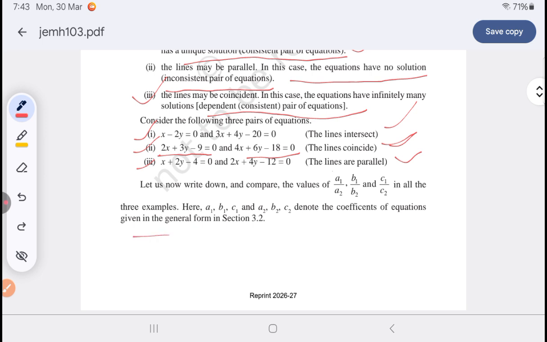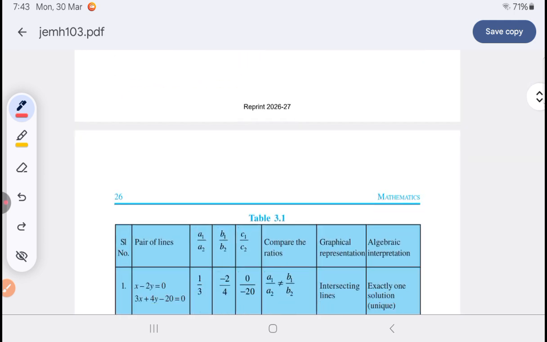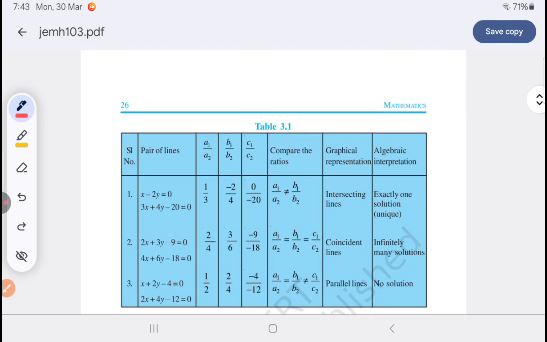The coefficients of the equations are given in the form of Section 3.2. For the first pair of linear equations, a1 by a2 is 1 by 3, b1 by b2 is minus 2 by 4, and c1 by c2 is 0 by minus 20. In the first equation a1 is 1, in the second equation a2 is 3, so 1 by 3. Then b1 is minus 2 and b2 is 4.